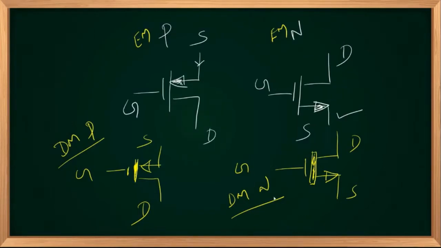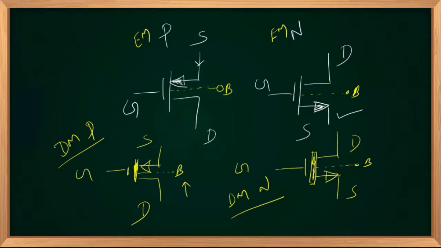And as you know, there exists one more terminal called the body terminal. Usually it is grounded, and we are not showing the body terminal. You can mark it as B, body terminal, with a dotted line, body or substrate.